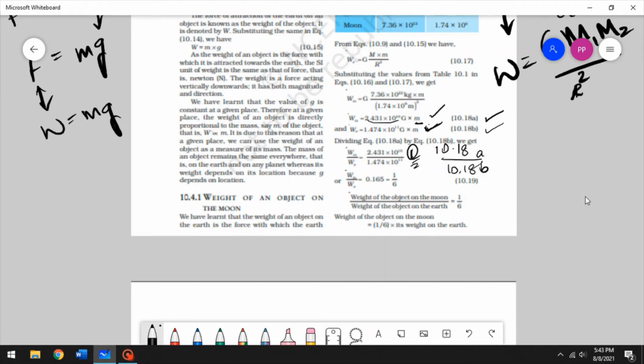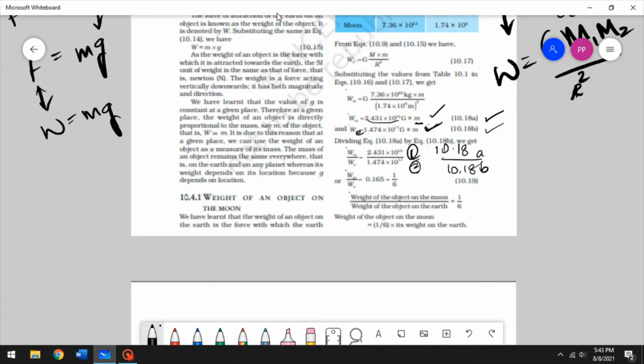So 1 by 2, that's how we write it in math, right? That would be 0.165 or 1/6. This is the weight on the moon, and this is the weight on the earth.